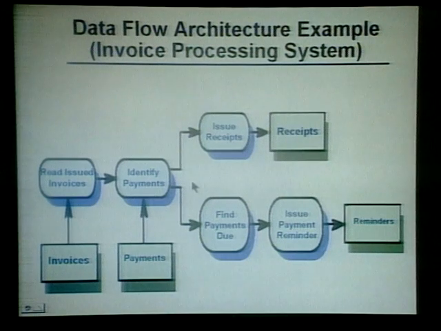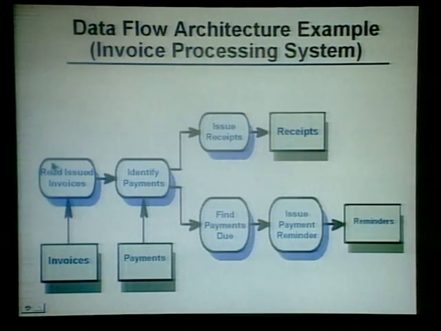An example of a system based on data flow architecture is shown in this diagram. So we have an invoice processing system. There are a number of filters which are connected with the help of pipes. Each filter receives some data, and that data may come from some external entity.